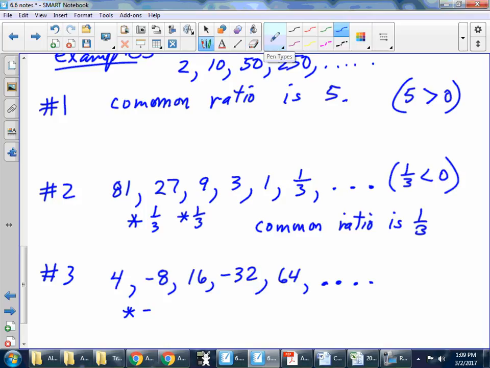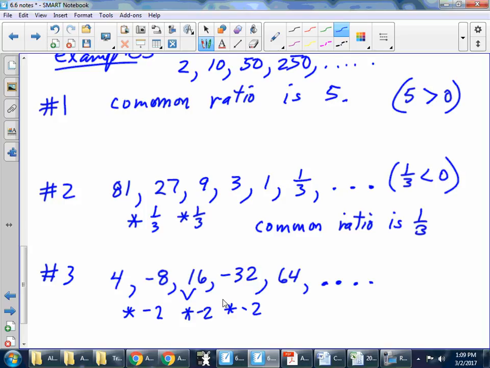So, hey, time out though. Remember, it has to work every time. What about 8 times -2? Abel, what does that give me? Positive 16, and then it keeps going. Sometimes you have to use parentheses, so be careful.